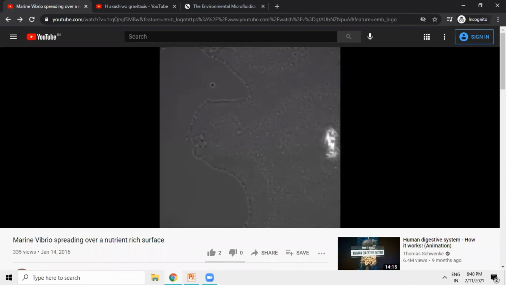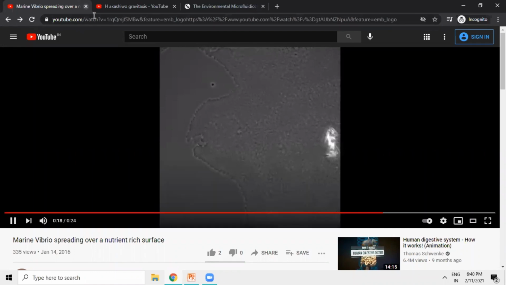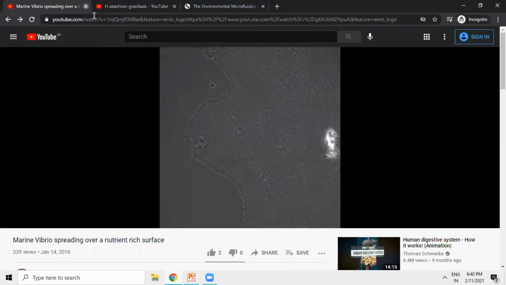right? Another excellent example of the utilization of the microscope to see how the microbe works is this one. So this is a cell, I mean a microbial cell, in which you can see the movement or the swimming in real time.